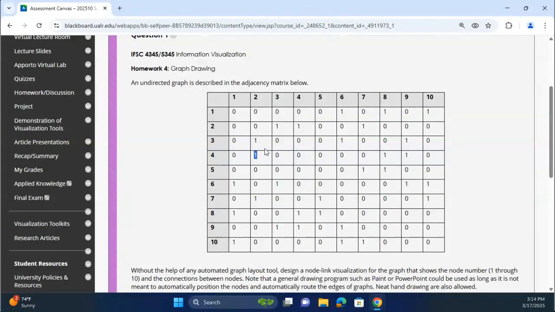Just because it's a matrix and it's square, that's the only reason we have two ones. But they represent the same undirected relationship between two of these nodes. So that's what's given to you. It's a binary relationship, it's undirected and it's very simple. Nodes are either connected or they're not connected.